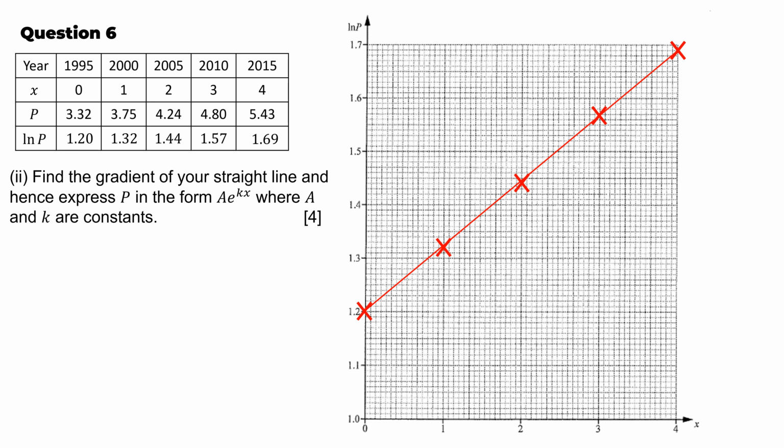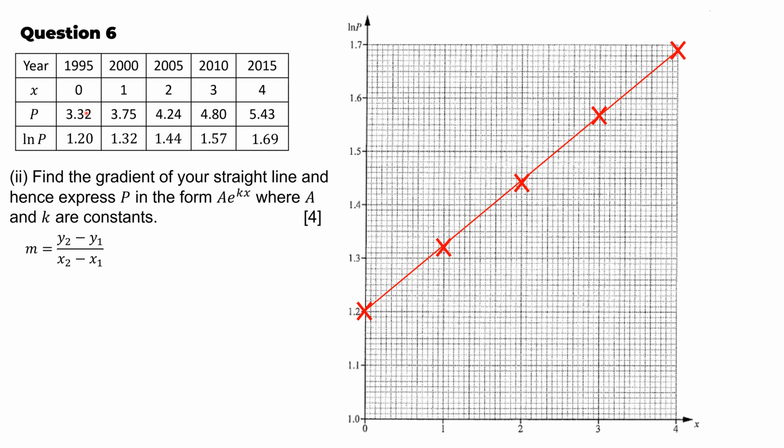Okay, now we move on to part 2. Find the gradient of your straight line and hence express P in the form a e to the power of kx, where a and k are constants, for 4 marks. The first thing you need to do is to find the gradient. Apply the gradient formula, m equals y2 minus y1 over x2 minus x1.